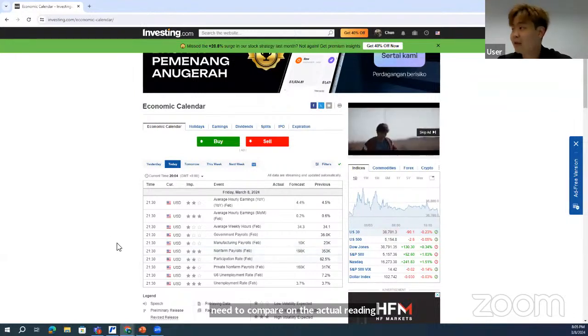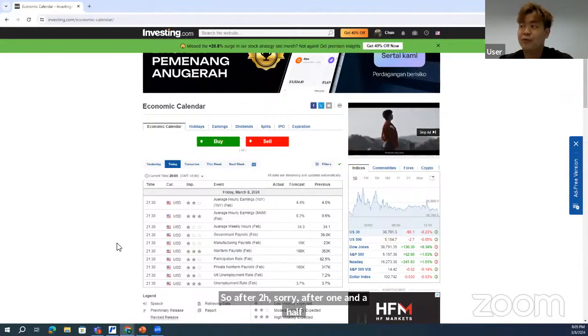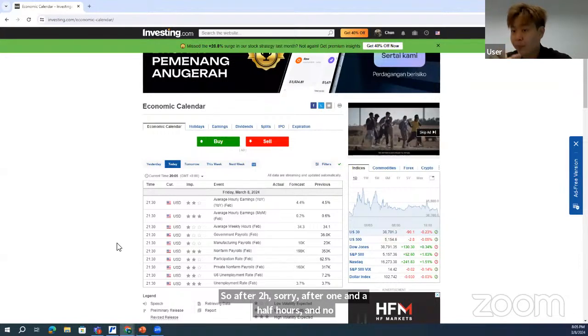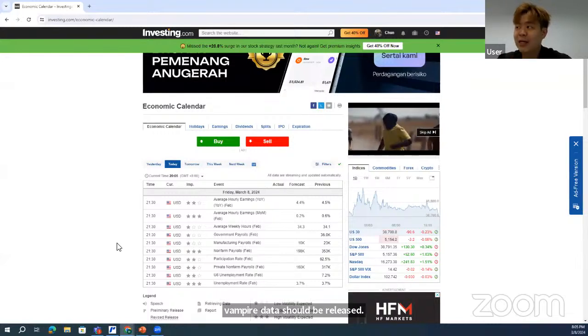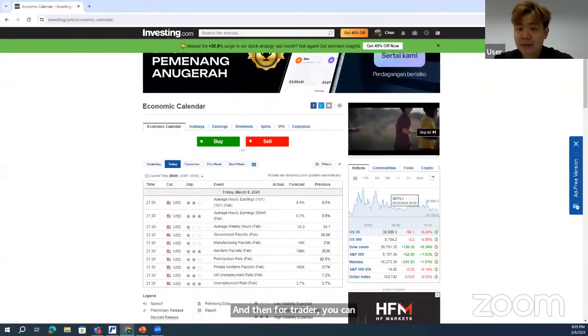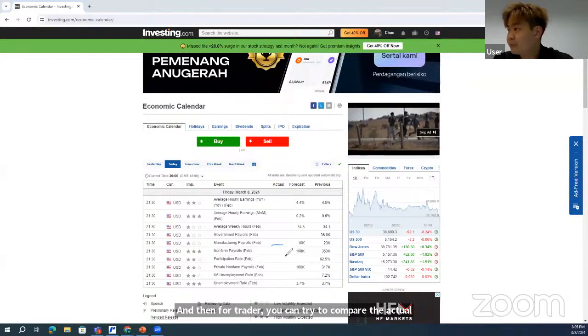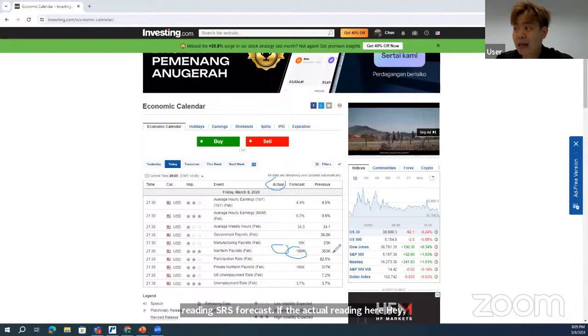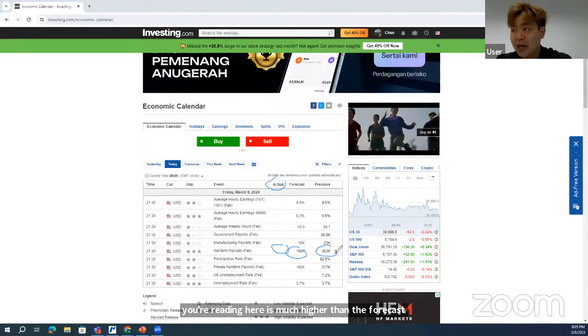After 1.5 hours, the non-farm payroll data should be released. And then as a trader, you can try to compare the actual reading as well as the forecast. If the actual reading is much higher than the forecast and even higher than the previous reading, it means that the US jobs market is very good.